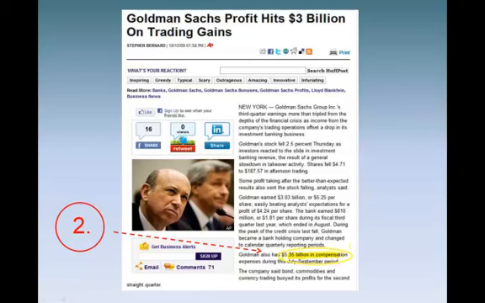A lot of market participants or traders have the perception that humans no longer really influence the market. It's all machines, it's all computers, it's all about algorithms. Well, if this were the case, why would Goldman be paying $5.35 billion in compensation to its employees, to people that work for them?